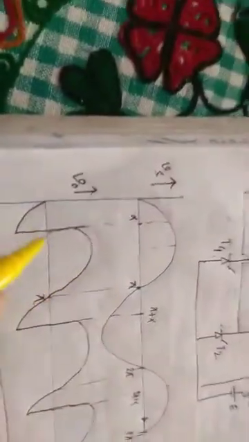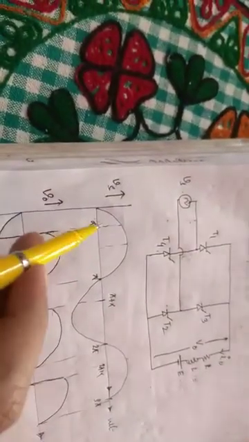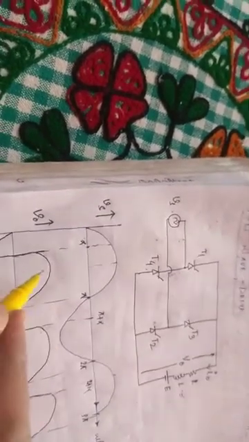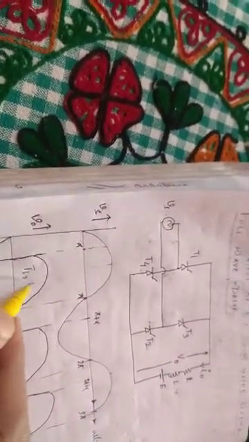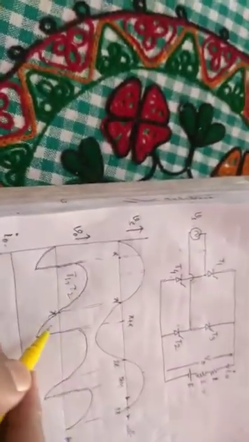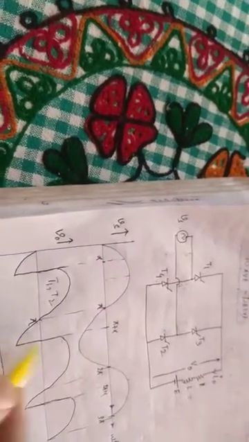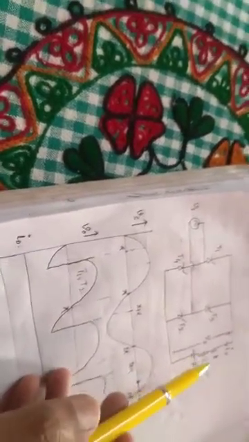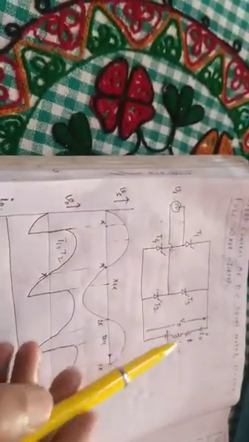Let's say alpha is equal to 30 degrees, or 35 degrees, anything. This waveform is understandable. In this part of the waveform, from alpha to pi, T1 and T2 conduct. In this part of the region, T1 and T2 still conduct, although the voltage has become negative, because of the high value of inductance at the output.